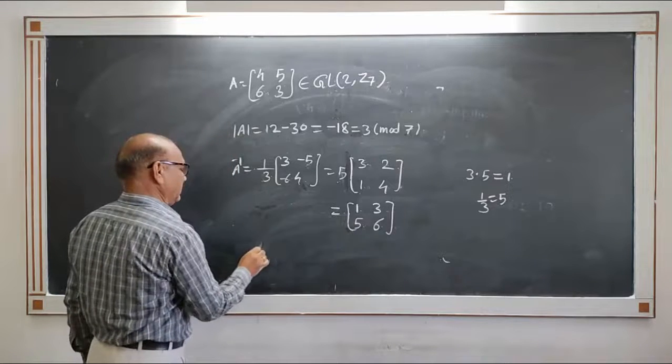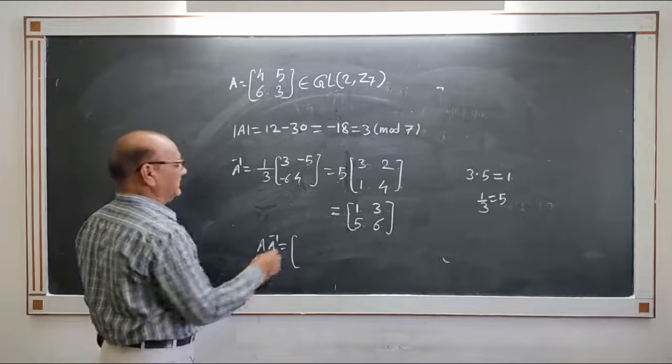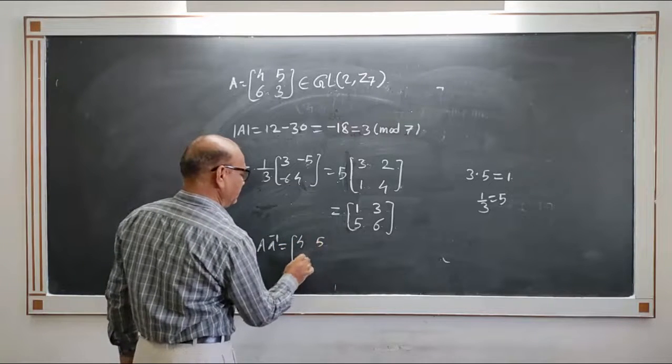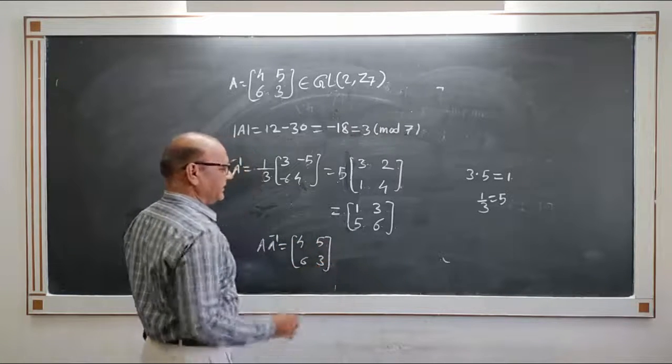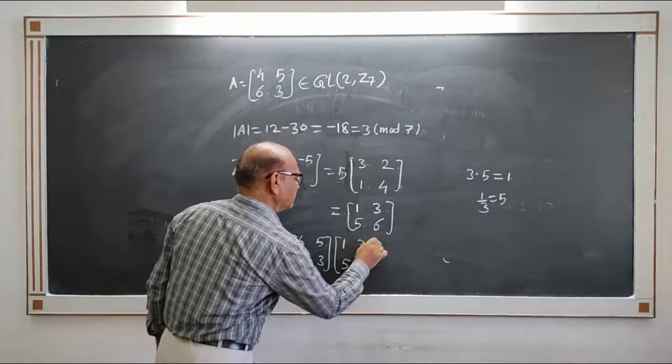Now check A into A inverse. Here [[4, 5], [6, 3]] times [[1, 3], [5, 6]].